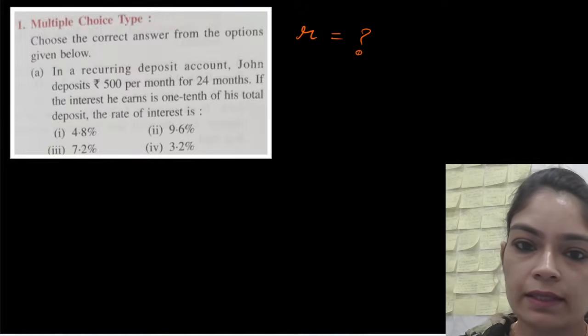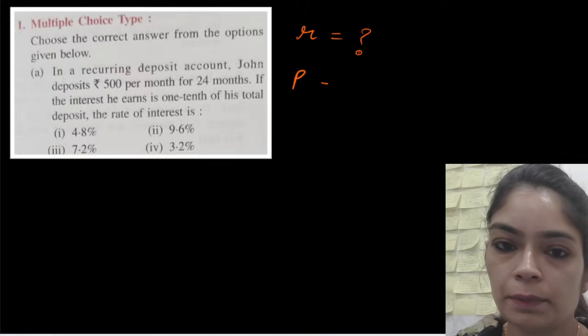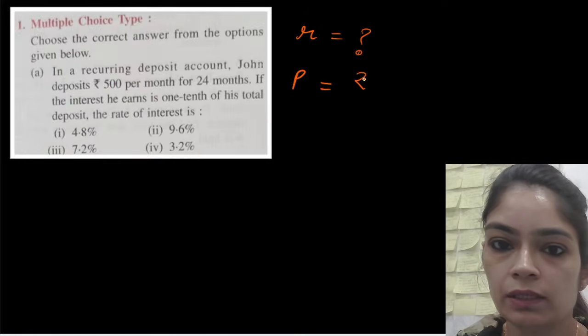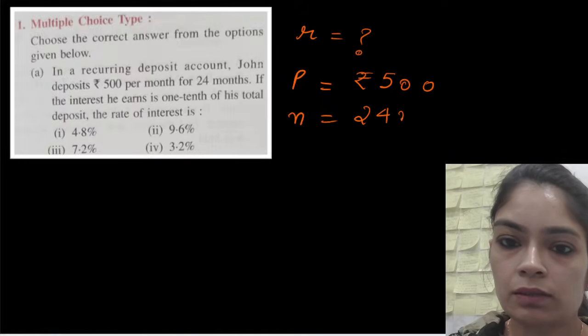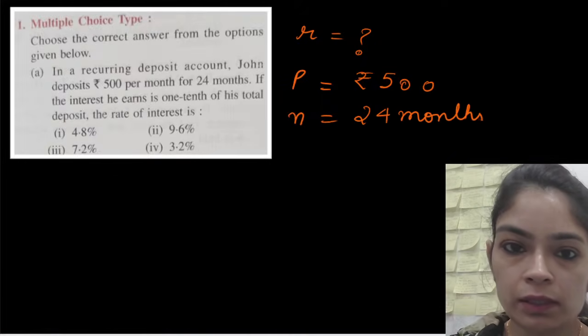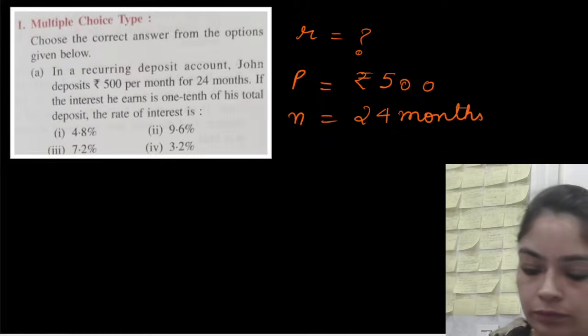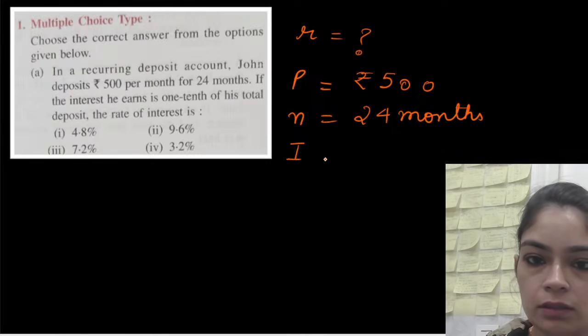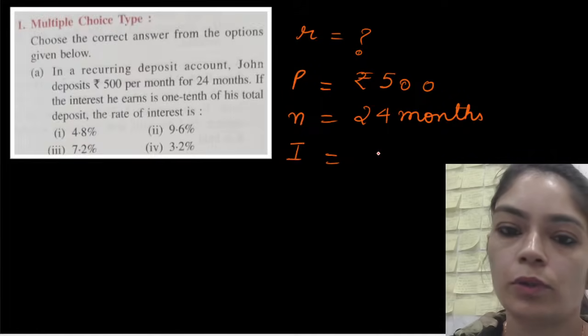So we can see here monthly deposit. So deposits per month you can see. So P is given to us, principal is given to us, which is monthly deposit rupees 500. Time period is also given to us, N 24 months. See here time period is always in months. And another thing is given to us, that's interest. So interest is 1/10 of his total deposit.